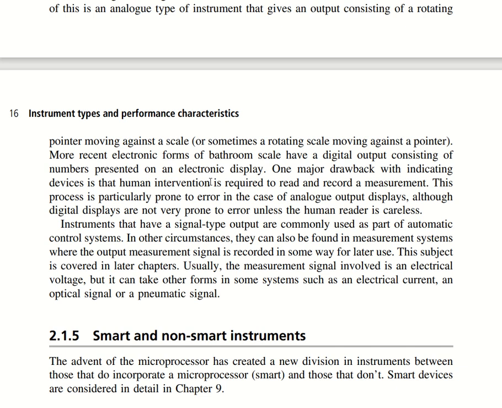In some circumstances they can also be found in measurement systems where the output measurement signal is recorded in some way for later use. This subject is covered in upcoming chapters, but usually the measurement signal is an electrical voltage. It can take other forms in some systems, such as electrical current, optical signal, pneumatic signal or hydraulic signal, etc.